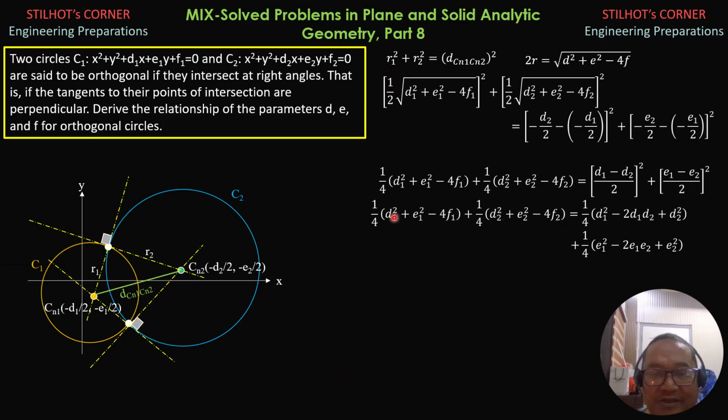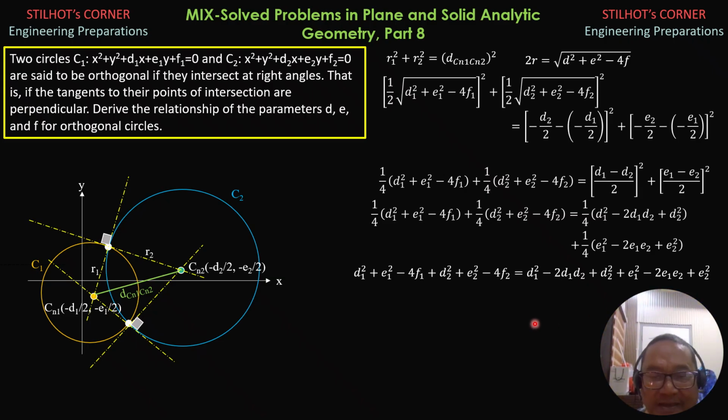Since 1/4 is common to the two terms in the left side and the two terms in the right side, we cancel 1/4 and copy d sub 1 squared plus e sub 1 squared minus 4f1 plus d sub 2 squared plus e sub 2 squared minus 4f2 equals d sub 1 squared minus 2d1 d2 plus d sub 2 squared plus e1 squared minus 2e1 e2 plus e sub 2 squared.